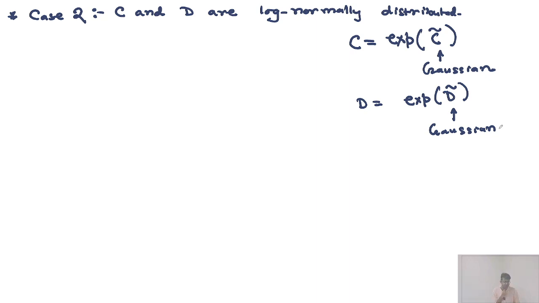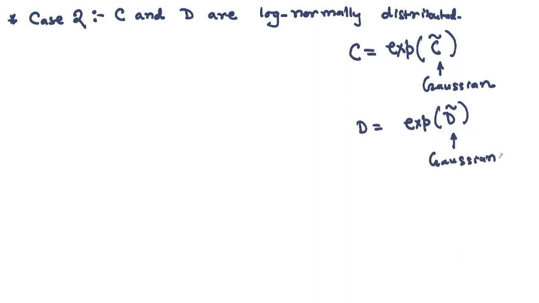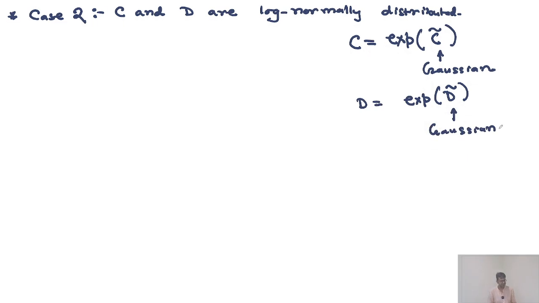Okay. Now in this case, and this is very important, we cannot take the limit state function as C minus D. I mean, we can, but then we cannot do things analytically. So in this case, what do you think the limit state function will look like? Because of the exponential sitting there, C by D minus 1. Okay, C by D minus 1.